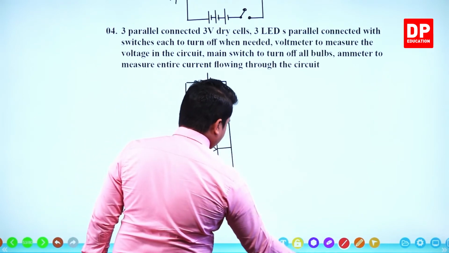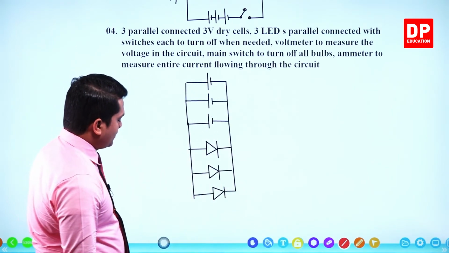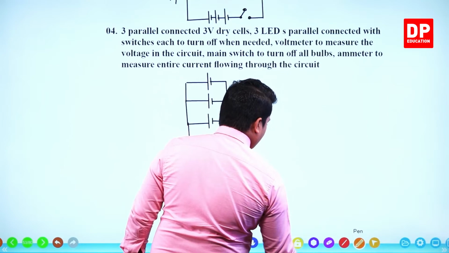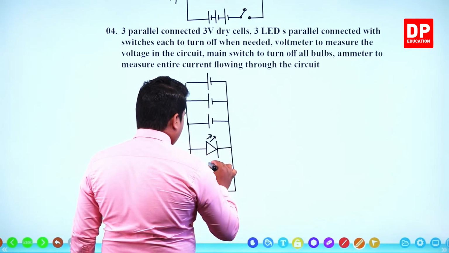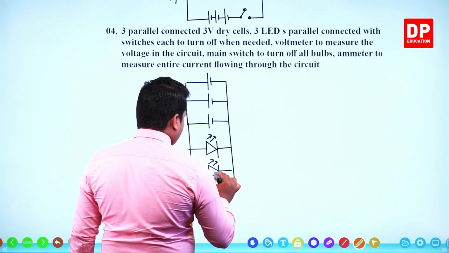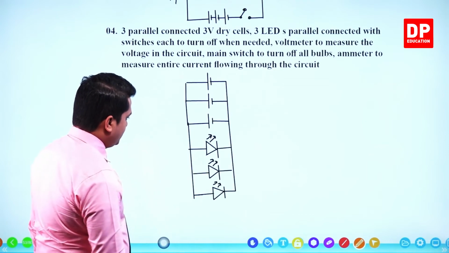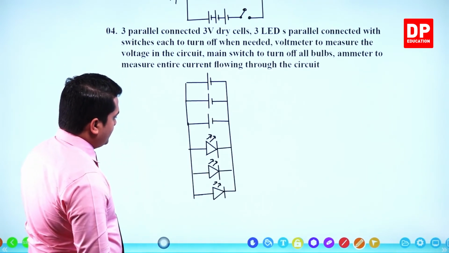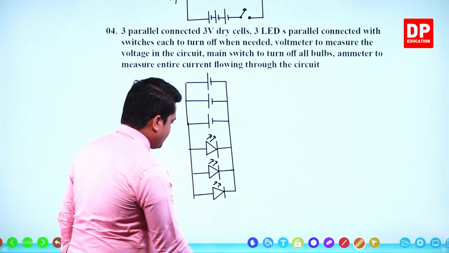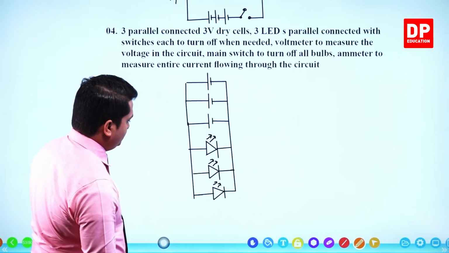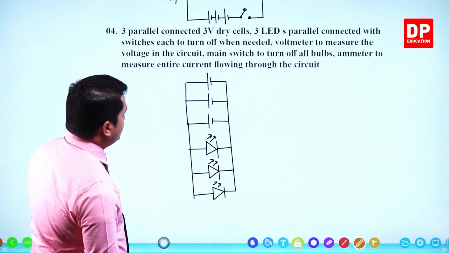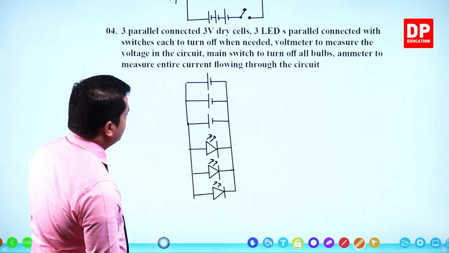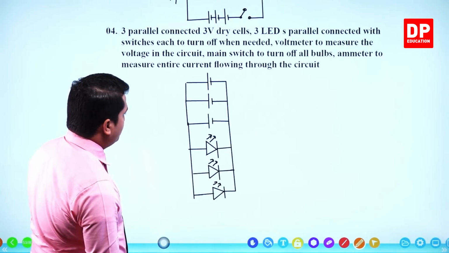Okay, remember to put that sign of the LEDs. Okay, then switches to turn off all bulbs.